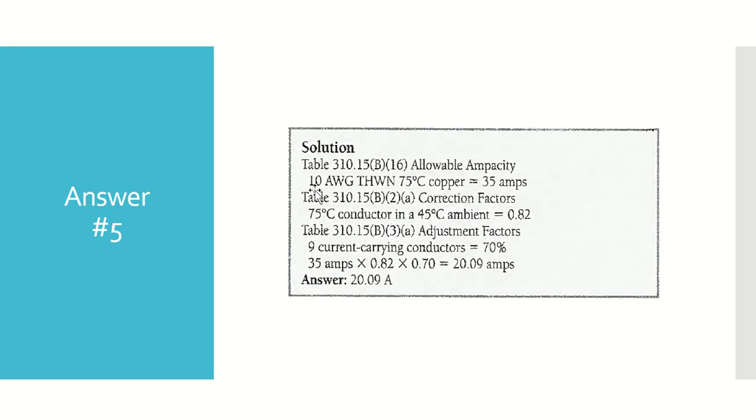First we found 10s for 75 degrees C, good for 35 amps. The next step, we multiplied it by the number that we received from the correction chart, and then the adjustment chart for more than 3 current carrying conductors. So times 0.7, giving me 20.09 amps.